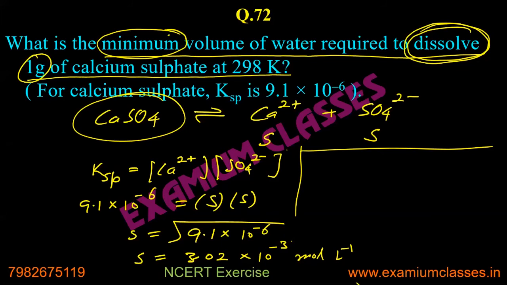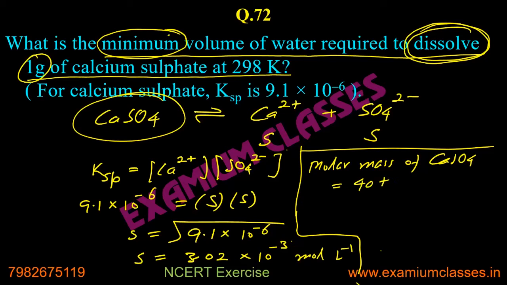In grams, we need to calculate for that the molar mass of calcium sulfate, which will be 40 plus 32 plus 64 for the oxygen, 96, 136.